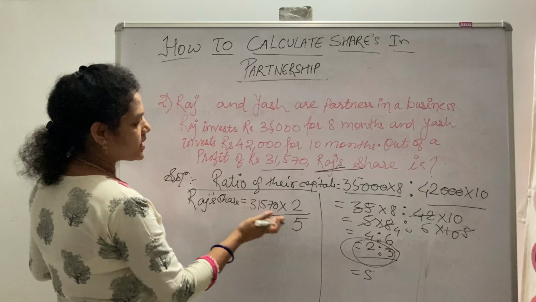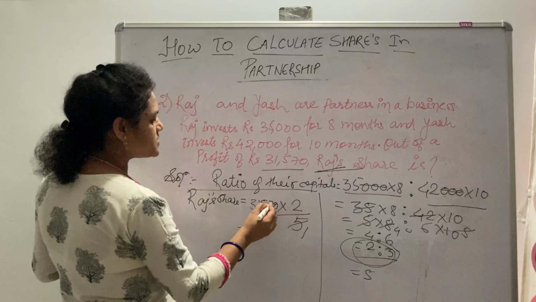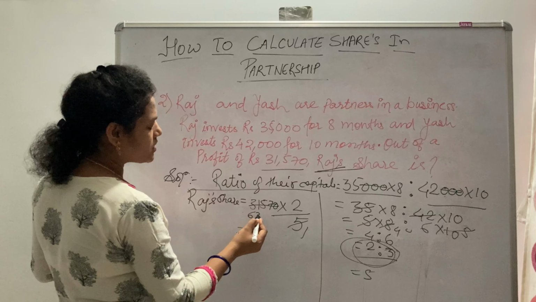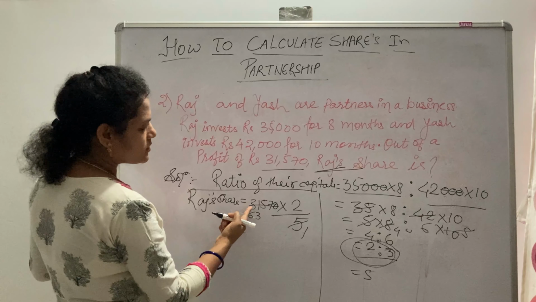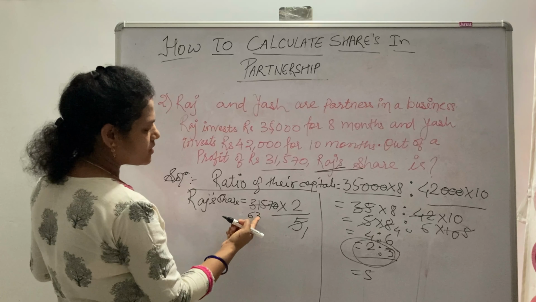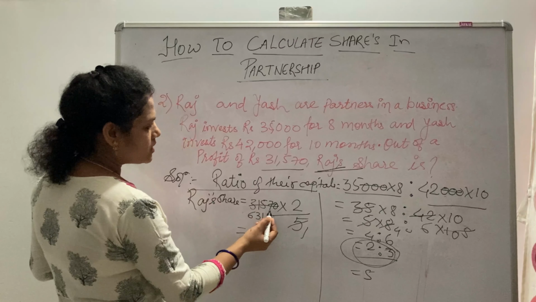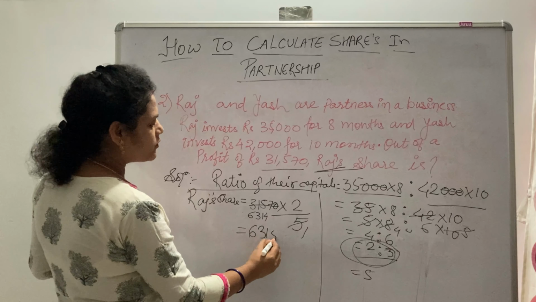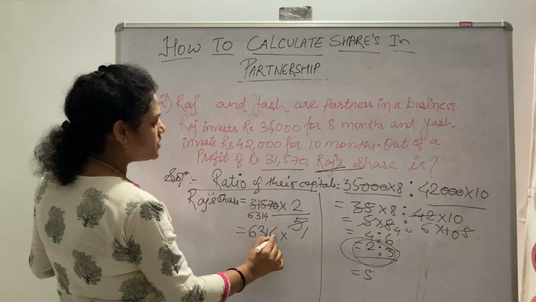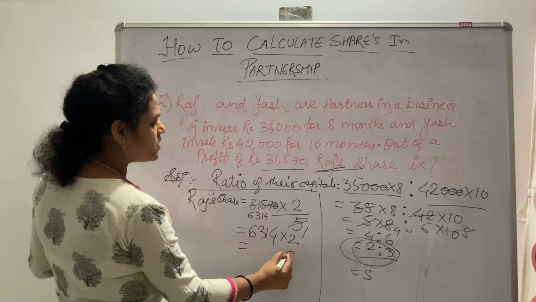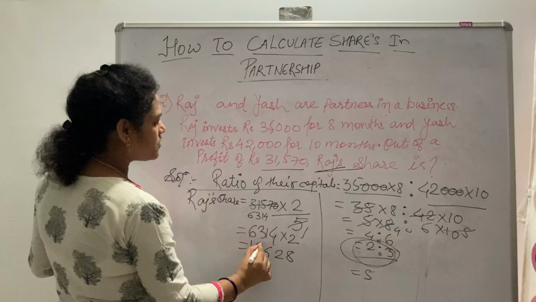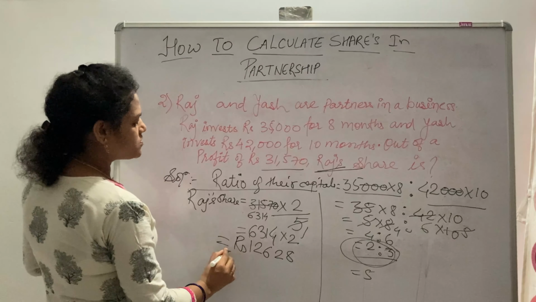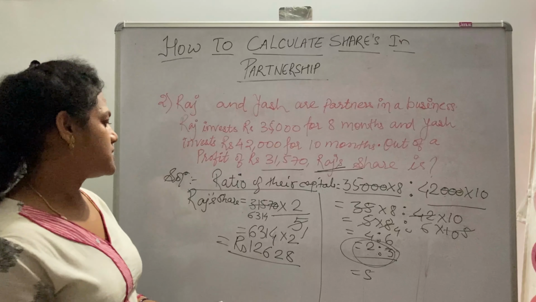When you cancel, 5 ones are 5, this 6 3s, then 6314 multiplied by 2, what will you get? So this much belongs to Raj's share.